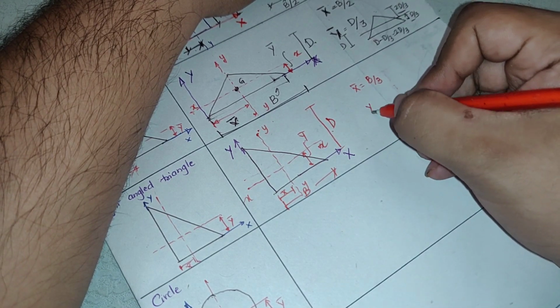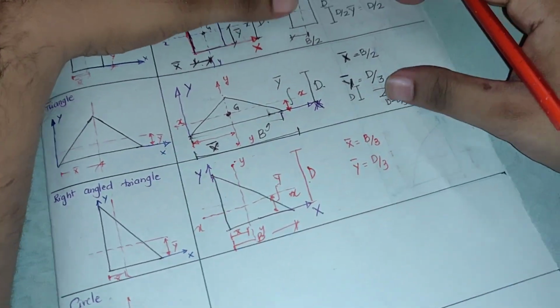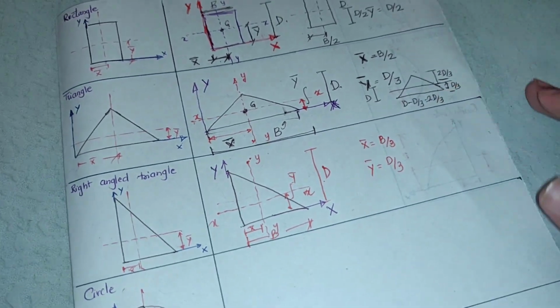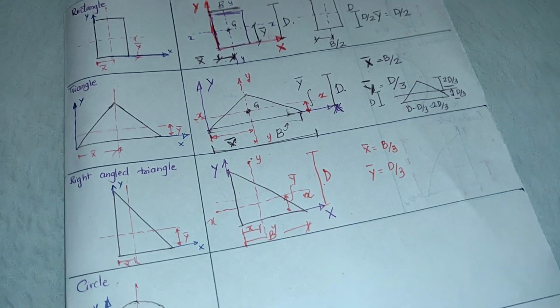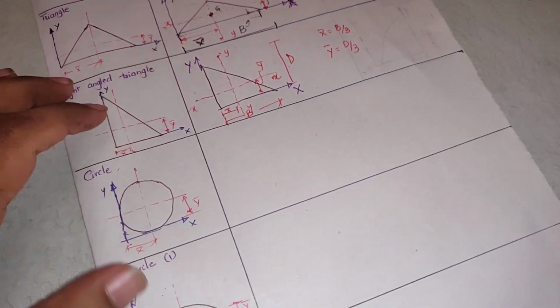Similarly, y bar will be d by 3. X bar will be b by 3 and y bar will be d by 3. Hope you followed this. Okay, moving on to the next, circle.